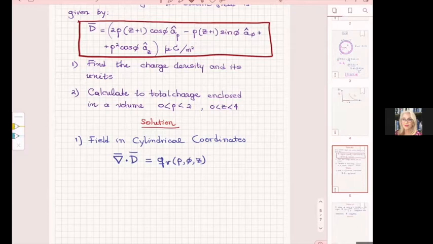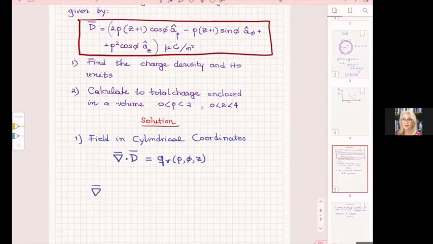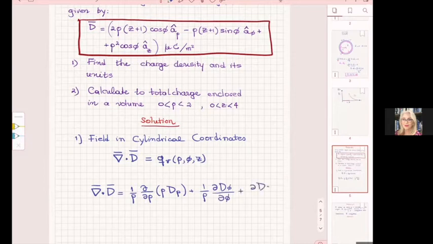And here, the divergence in a cylindrical coordinate system is written like this: divergence of D equals 1 over rho partial of rho D sub rho with respect to rho, plus 1 over rho partial of D sub phi with respect to phi, plus partial of D sub z with respect to z.